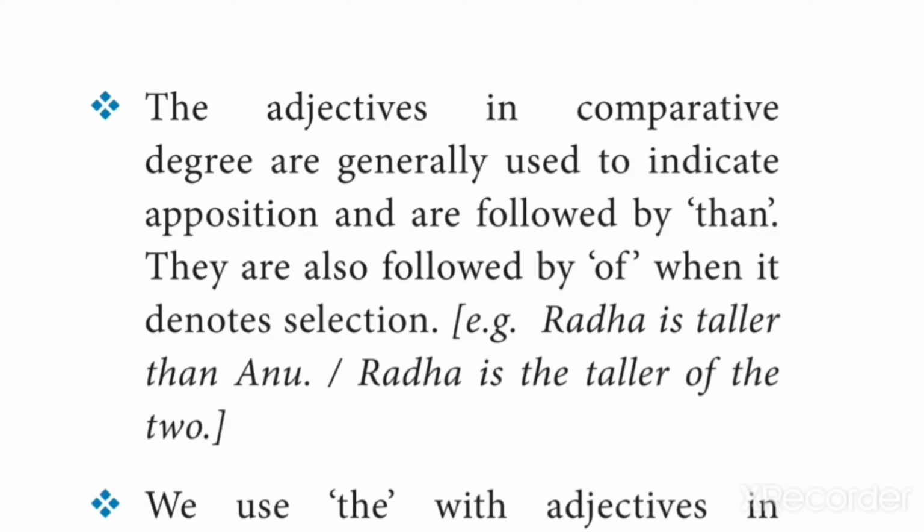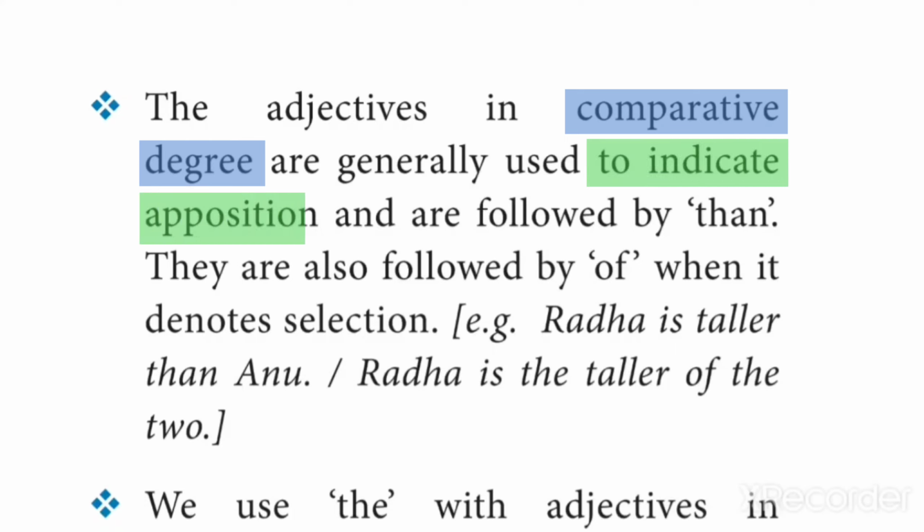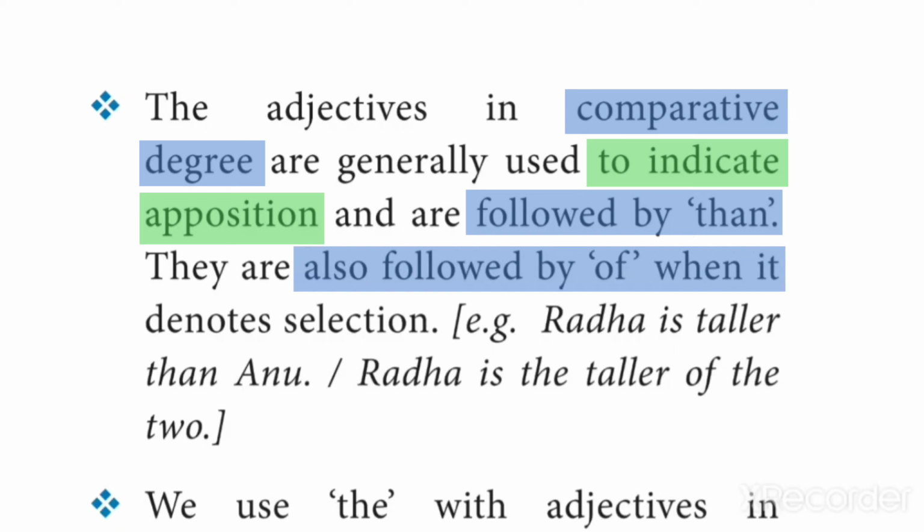The next point is, the adjectives in comparative degree are generally used to indicate apposition and are followed by than. They are also followed by of when it denotes selection. Let's see examples given. Radha is taller than Anu.